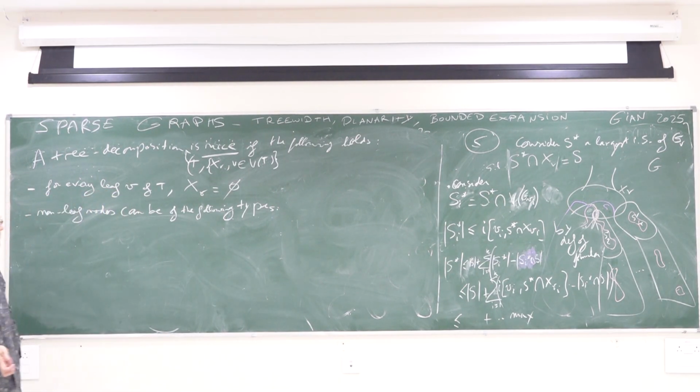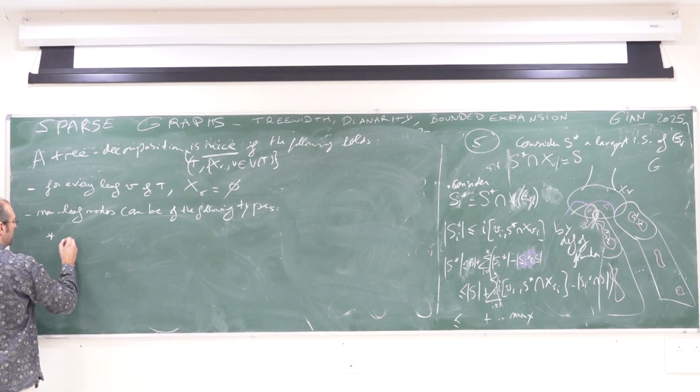This is the main input. So we have the leaf nodes, which we want their bags to be empty, and the other nodes you can partition as follows.